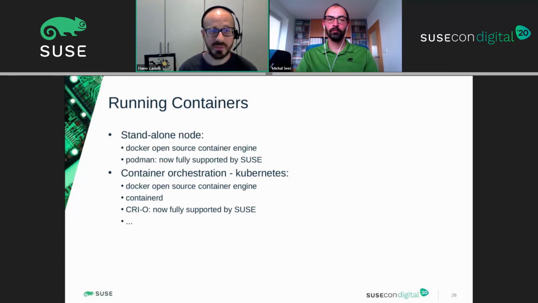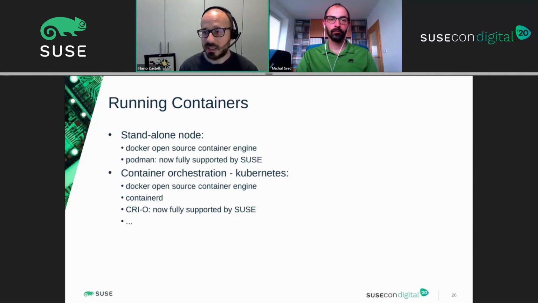Starting from the latest release of SUSE CaaS Platform, our supported engine is now CRI-O, which is a container engine optimized for the Kubernetes use case. It leverages runC, which is the same container engine used by Docker and by Podman, and which also happens to be the upstream implementation of the OCI runtime specification.